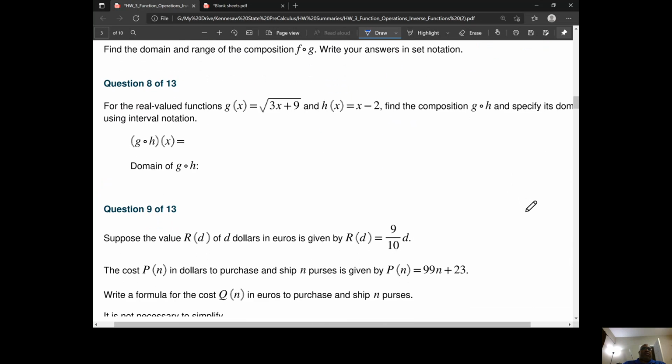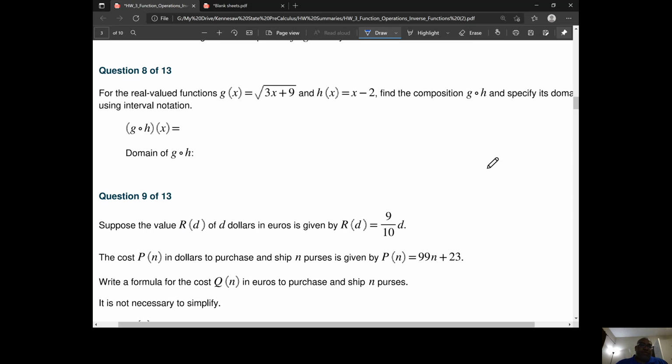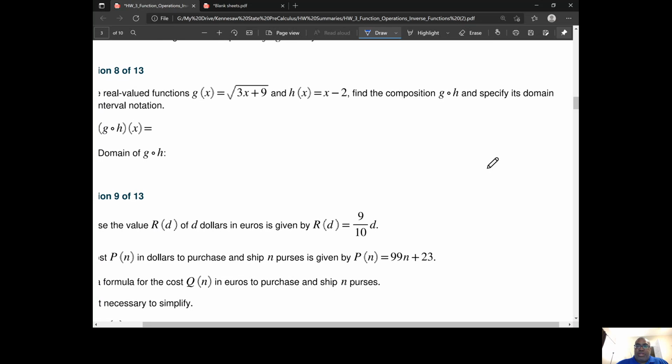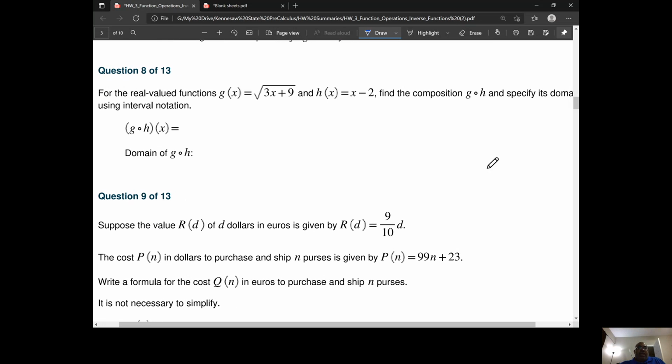For the real value functions, that means that this is greater than or equal to 0. g of x is equal to the square root of quantity 3x plus 9, and h of x is equal to x minus 2. Find the composition g composed with h and specify its domain using interval notation. So g of h of x is equal to g of x minus 2. I like to write it like this because it lets me know what's happening.